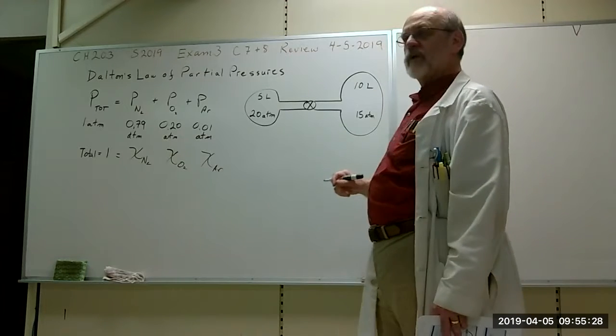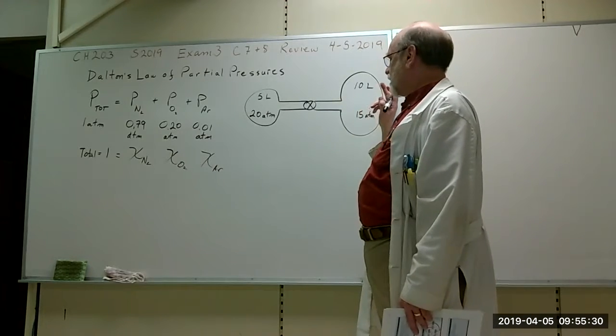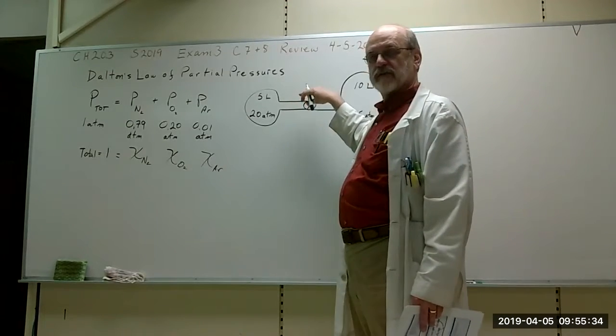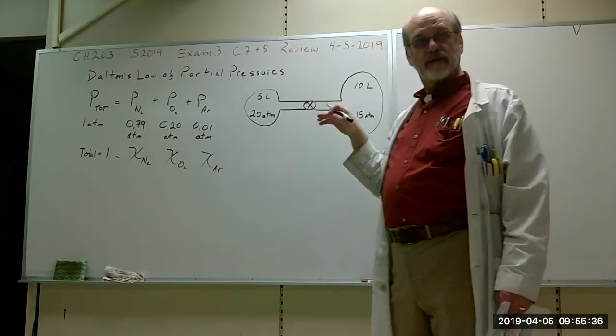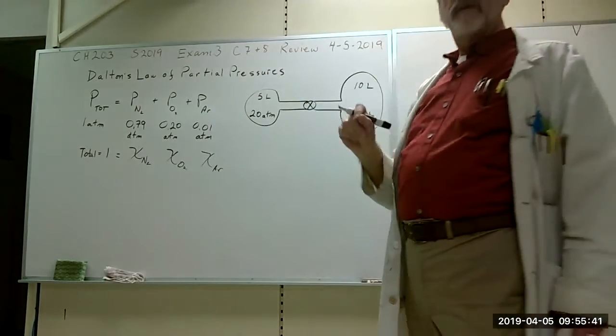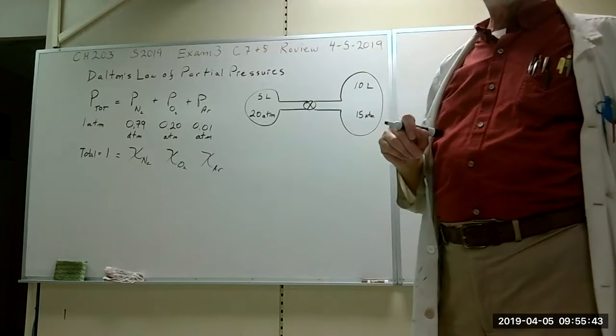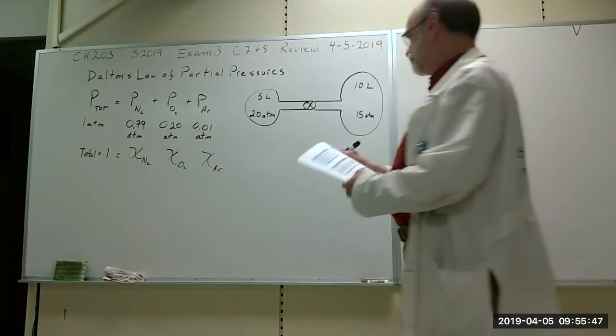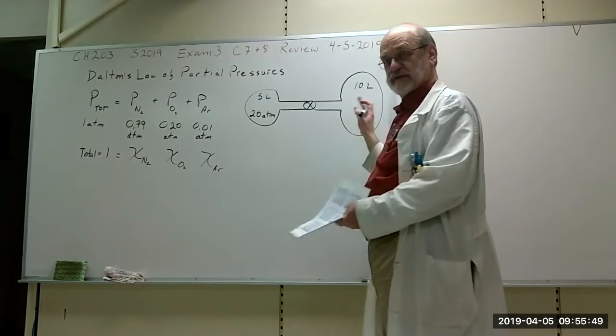Now, what we want to know is what's the final pressure after we open that valve and let them mix. Remember, when you mix 2 gases, what do you get? You always get a homogeneous mixture, a solution, every time. So they're going to mix.